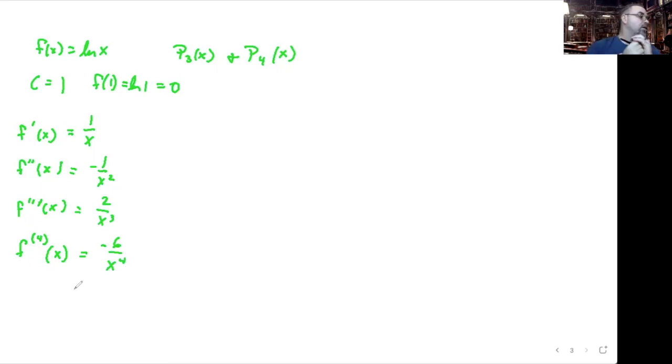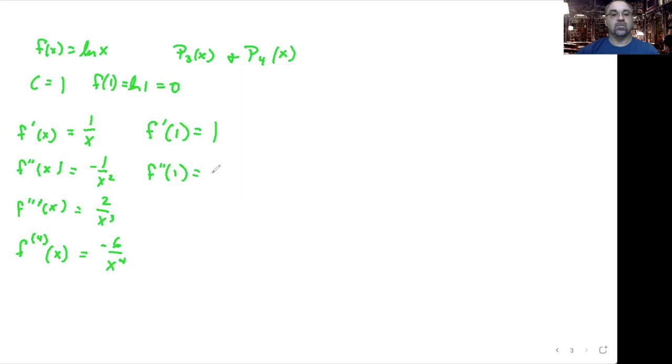So now we have our different derivatives. Let's plug in and see what each is when we put in the center. What's f prime at 1? Well, it's 1. What's f double prime at 1?